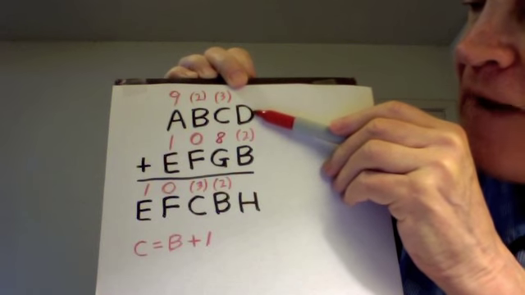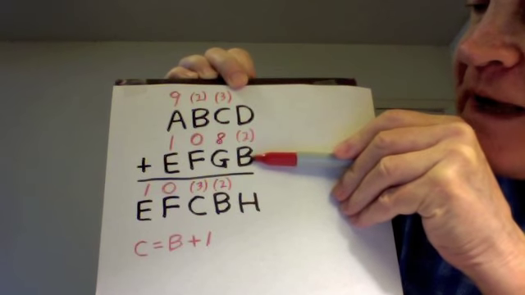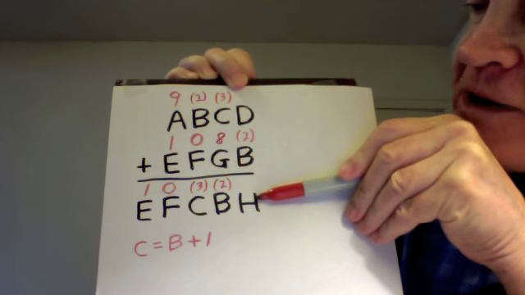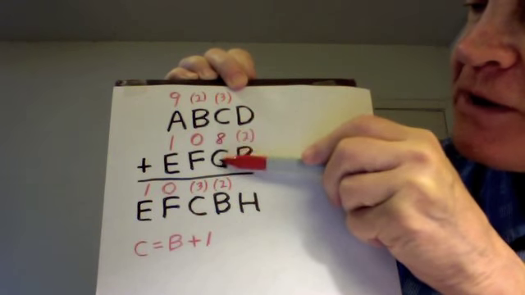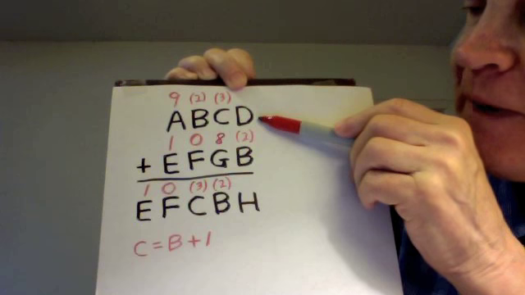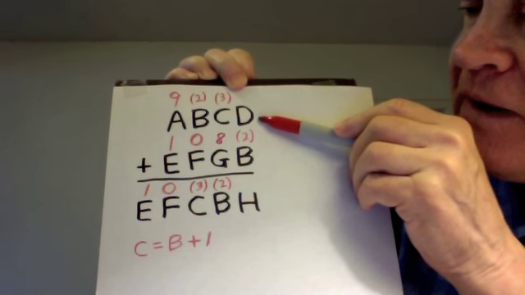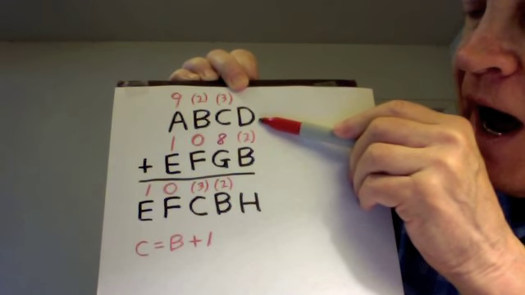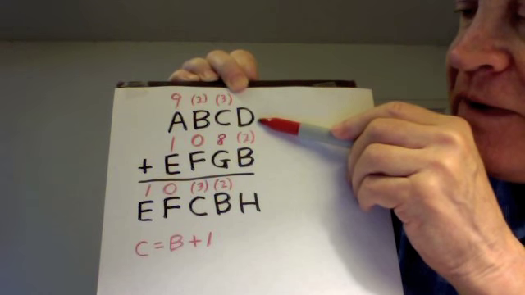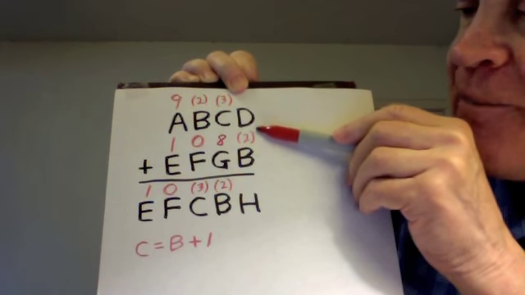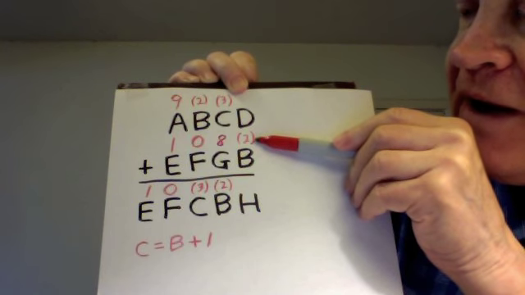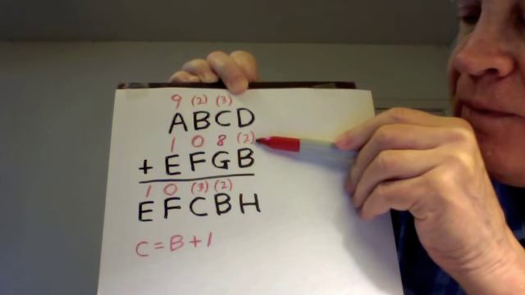Now we have to have this D plus B column such that we will carry 1 to the C plus G column. That means D has to be either 8 or 9, and both of those are taken. So that's a contradiction. So it's impossible for B to equal 2.